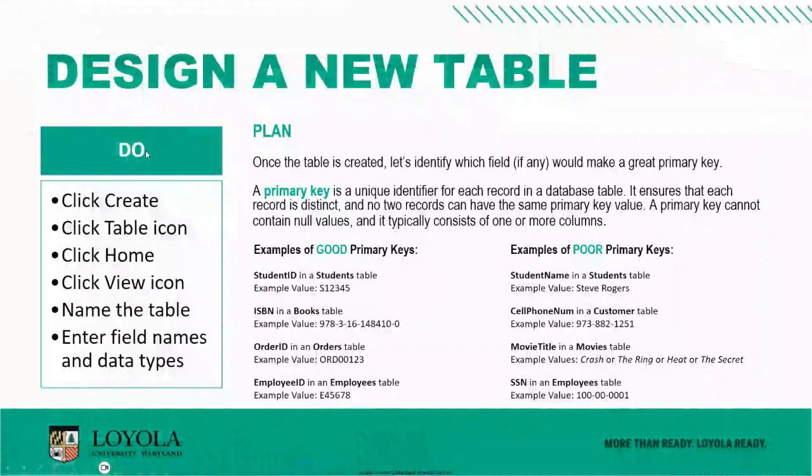Now we are going to create tables. We're going to start with the movies table and we'll work our way through. Here are the instructions right here on the left-hand side. You'll also want to plan ahead for primary key. This part of the project is crucial, but it's also very easy because you will quickly learn that the first field that you create, the ID field, would be the primary key.